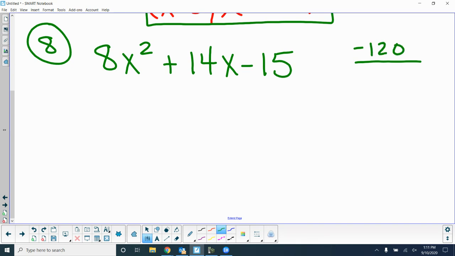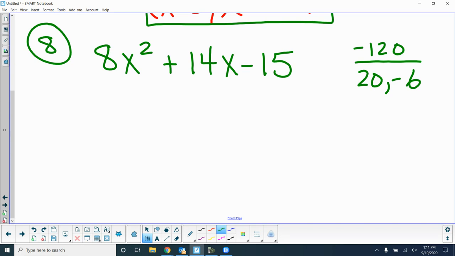And Ashton, what'll work for the 14? What two factors of that give me the 14 when I add? Good. 20 times negative 6 is negative 120. And 20 plus negative 6 is 14. Right, Garrett? Put that in your pocket, please. Thanks.